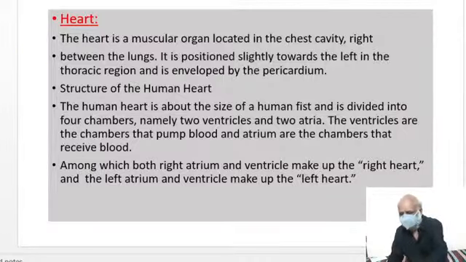You must read the slide and detail about heart. I will explain it in my next slide.